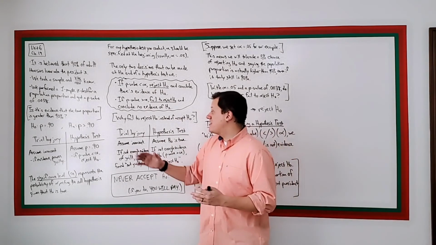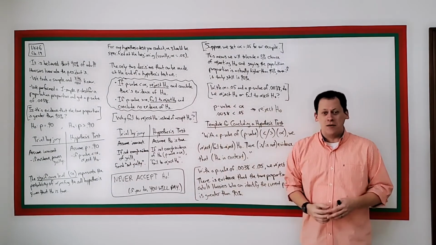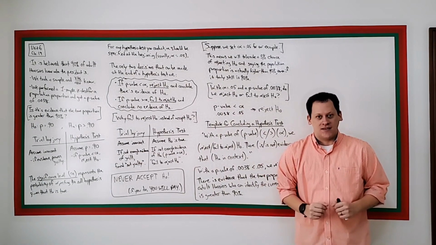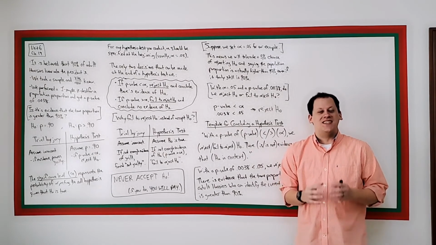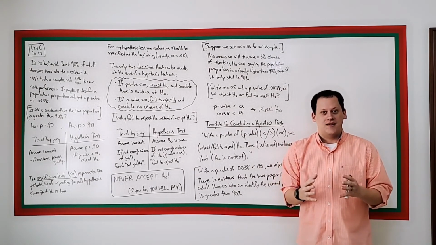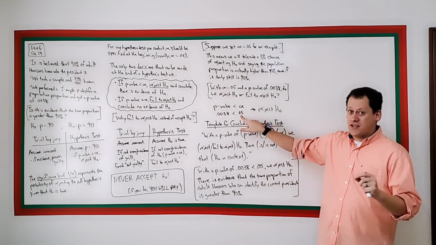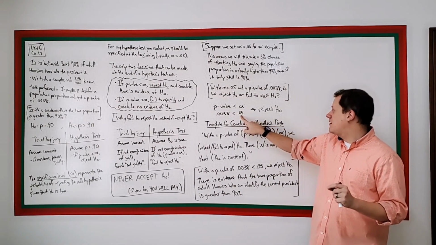Assuming that the null hypothesis is true, what we saw in our sample was really strange. That's why we're rejecting the null hypothesis. Because it was so unlikely. It was less likely than the cutoff value that we determined. Okay?